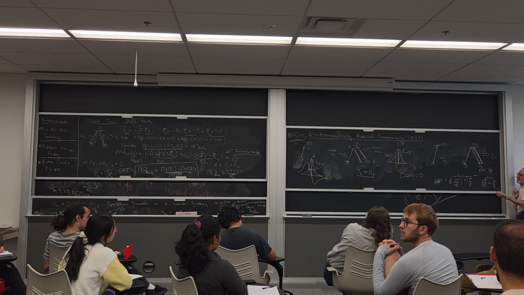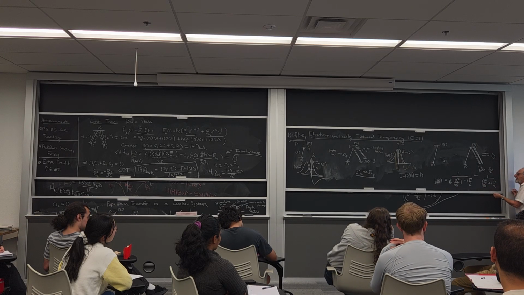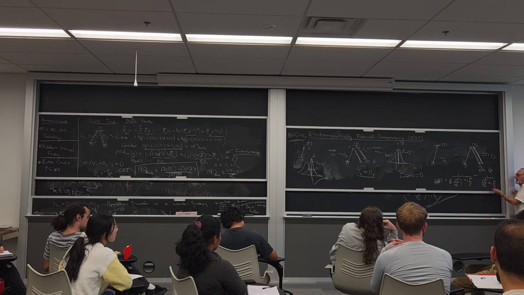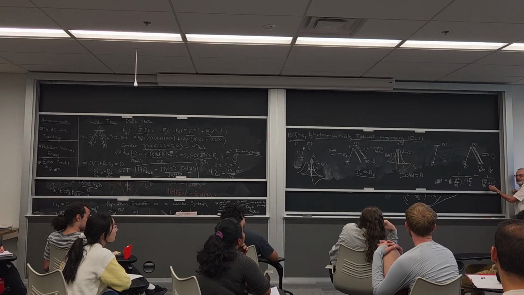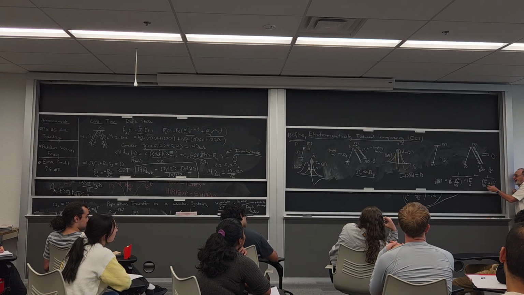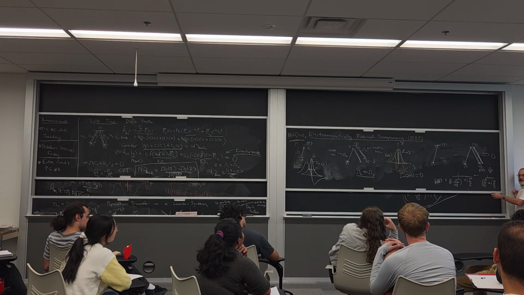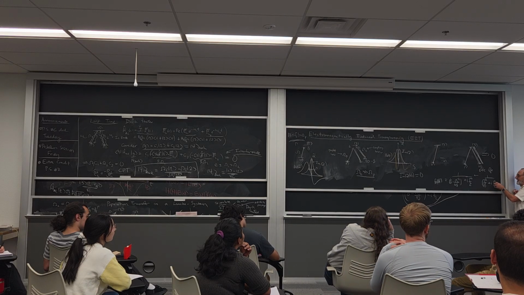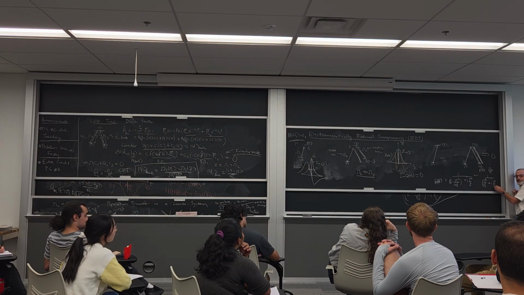And what happens to this in the limit that delta goes to 0? Well, the imaginary part of this is going to be this over that plus that.